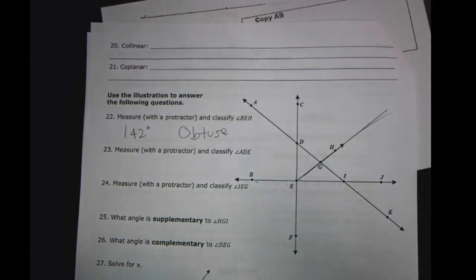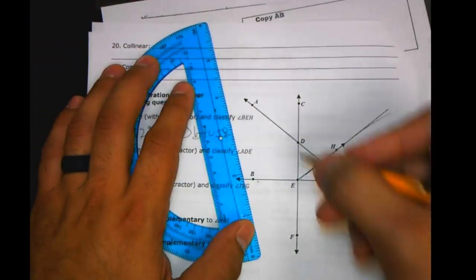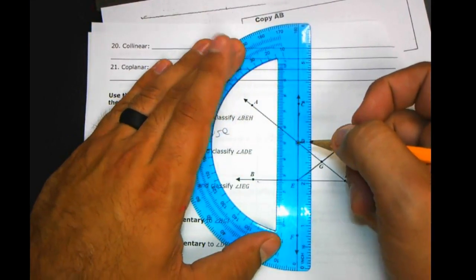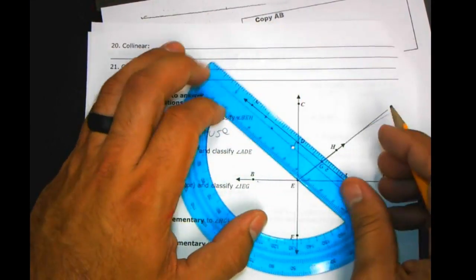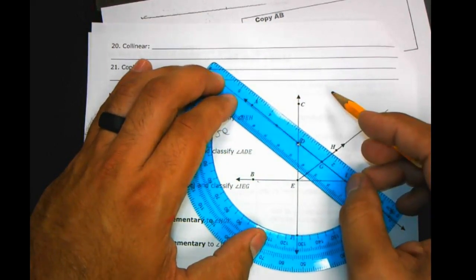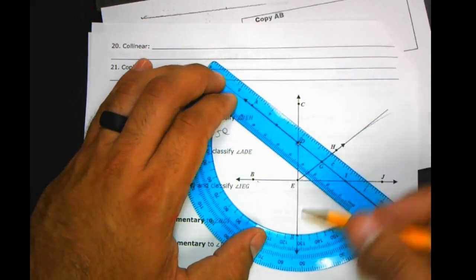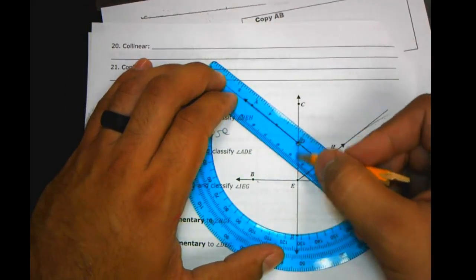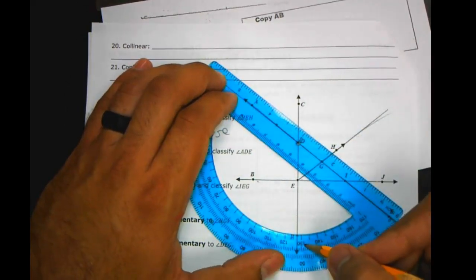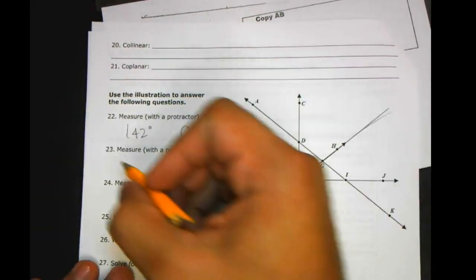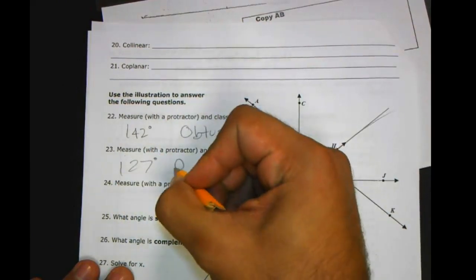Measuring ADE, so I'm going to line it up. Another way you could do it is like this. ADE is obtuse, so I'm going to use the bigger numbers, which are this way on the inside. So that's about 127, and it's still obtuse.